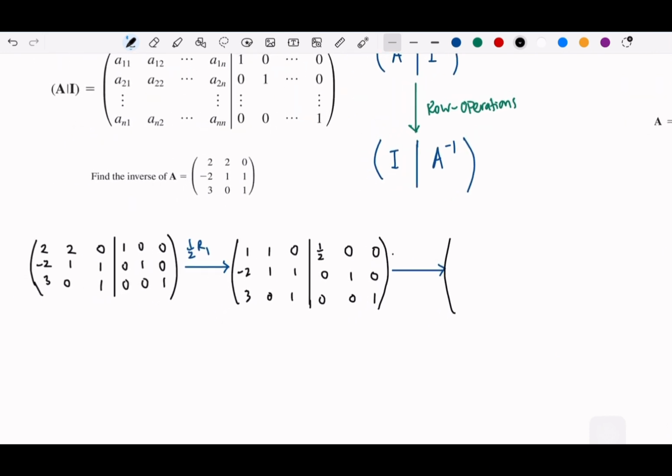Maybe 2R1. Or maybe 3R1, 3R1 minus R3. Oh, this will be the new R3, sorry.